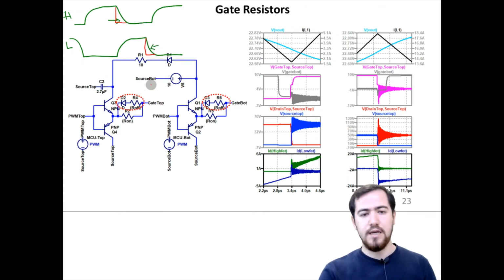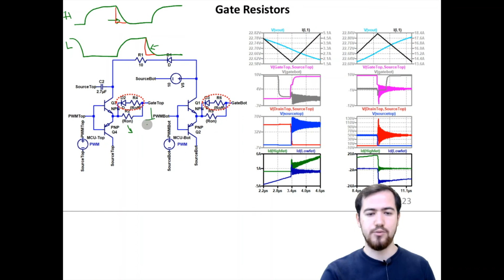What we need to do for this type of change is to change the gate resistance for turning on or turning off. In order to do that, we place a turn on resistance connected between the output of the gate driver and the gate pin of the MOSFET. The turn on resistance is the only way to carry the current for charging the input capacitance of our MOSFET, CGS, let's say.